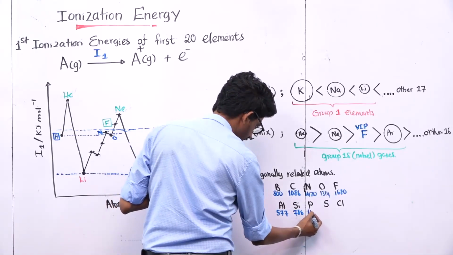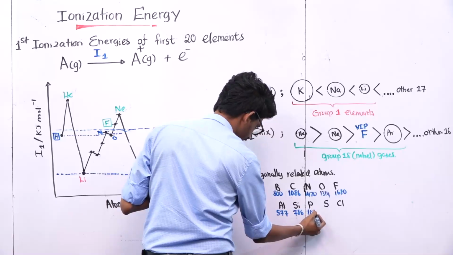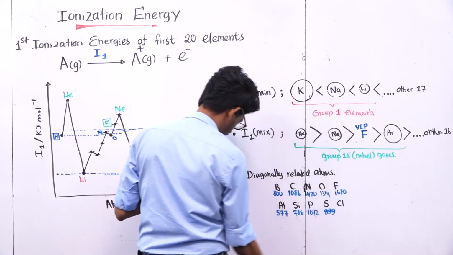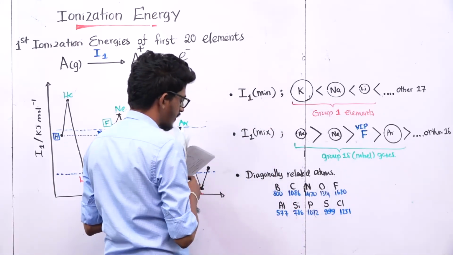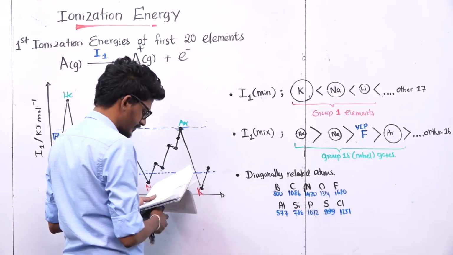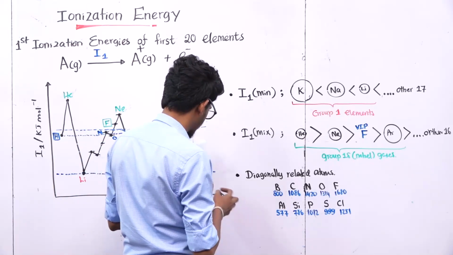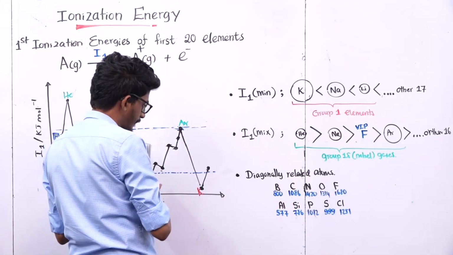876, 12999. In chemistry, the diagonal relationship means this.